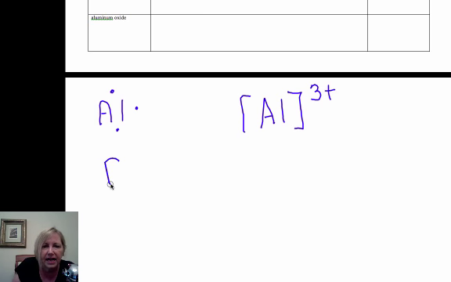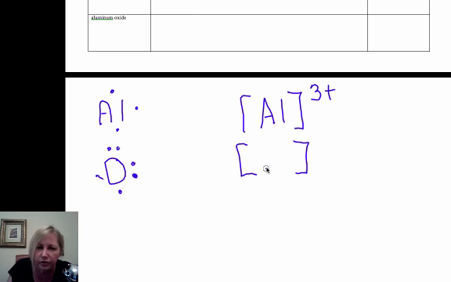Now, oxide, ide means make the negative ion of, has 6 valence electrons. Nonmetals are winners, and let's just draw one right here, down below. As long as you alternate, I don't care how you do it.